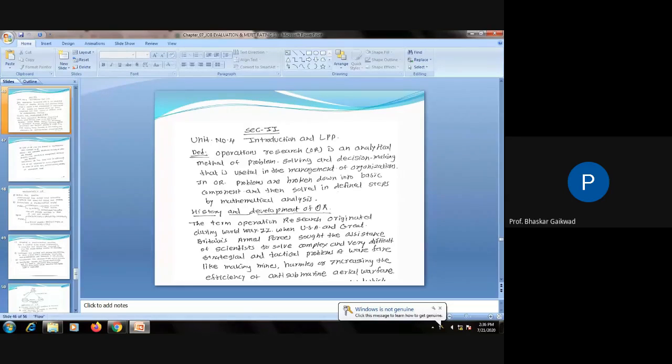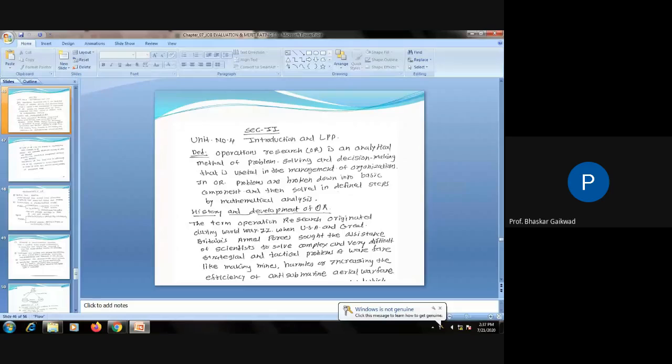Outer casing, balls, then the remaining parts of the bearing. We can split it, and accordingly go for problem solving. What is the problem? To reduce the cost and increase the profit. Then solve in defined steps by mathematical analysis.